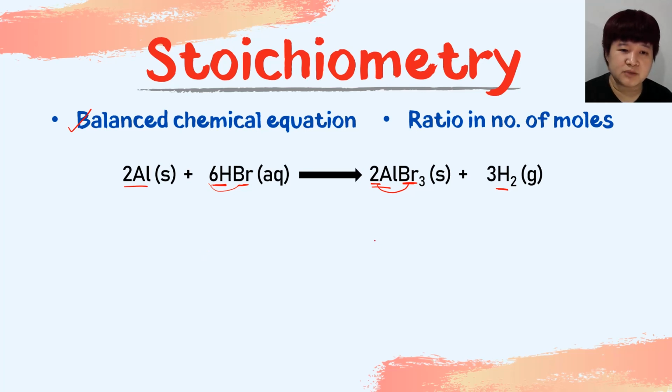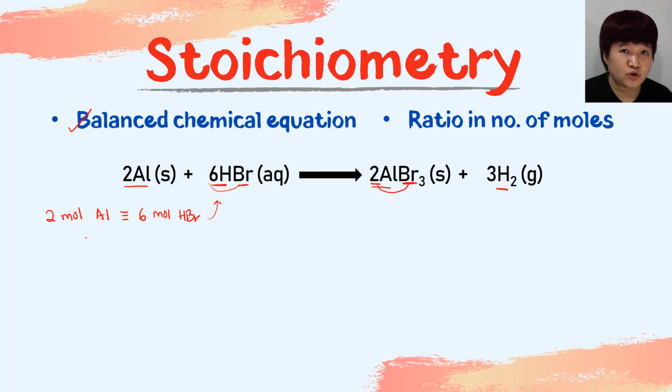Second, what is meant by stoichiometry? Stoichiometry is the mole ratio comparison in a balanced chemical equation. For example, I need 2 moles of aluminium to react with 6 moles of HBr. That is from a balanced chemical equation.